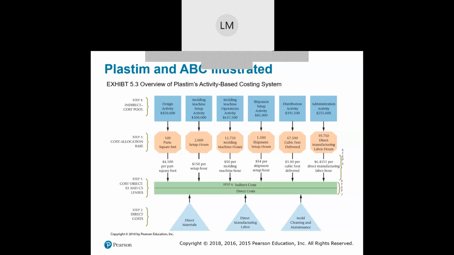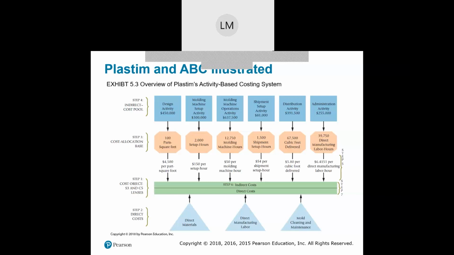So now, with our allocation basis here, we're basing this on activities. We're not basing it on manufacturing labor hours; we're basing things on activities. An activity is a verb. It's something that we do. It's not something where we're just sitting around passively. We're actually doing something.